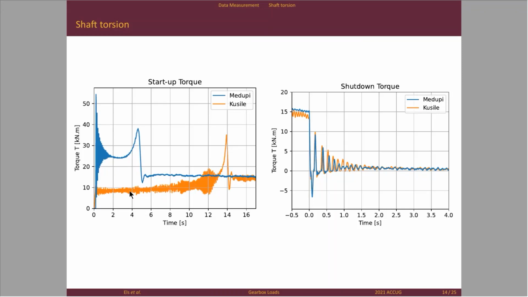The other thing that you see as that voltage increases is this kind of noise that you see as the fan accelerates. And here at 12 seconds, all of them show these huge oscillations. I don't know what it is.